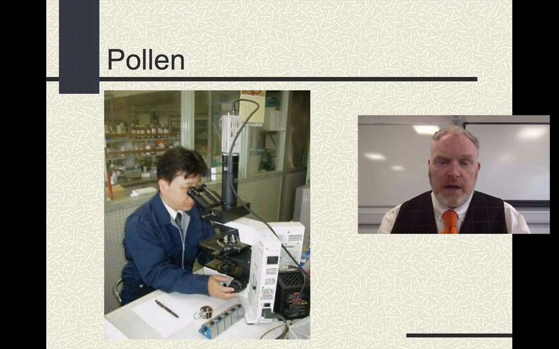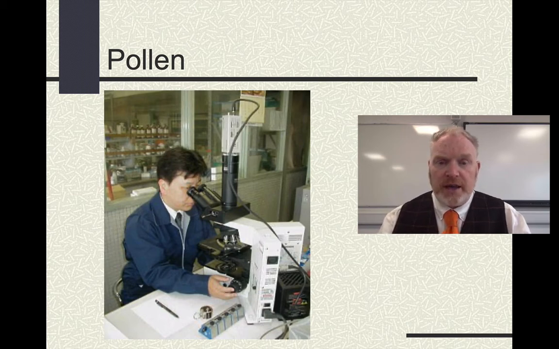That pollen, once it's been separated out from the sediment in which it's found, can be put in a blob of oil on a microscope slide, and a fairly laborious job then of working your way systematically through the microscope slide, counting the numbers of the different species of pollen grains you find on that slide, will give us an idea about what the vegetation community was like.